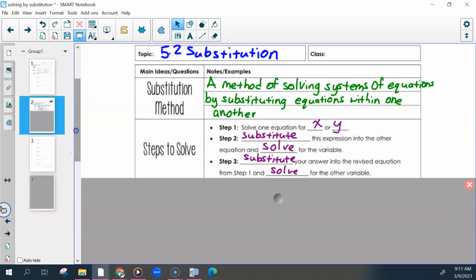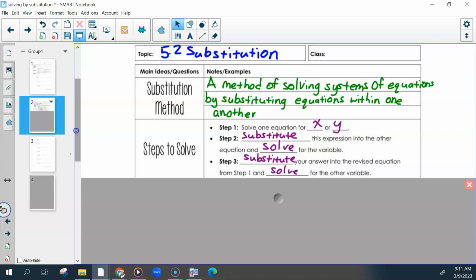I'm going to have you write down the definition and the steps. While you're writing that down, I'm going to read it. So the substitution method, our next method of solving systems, is a method by substituting equations within one another.